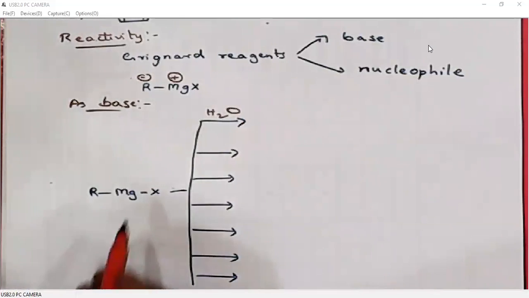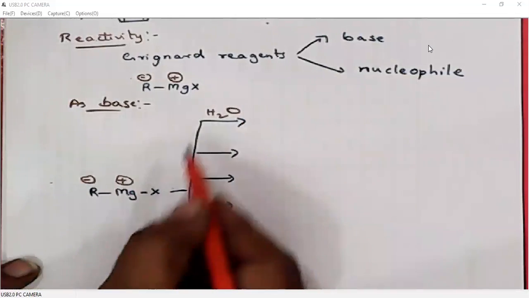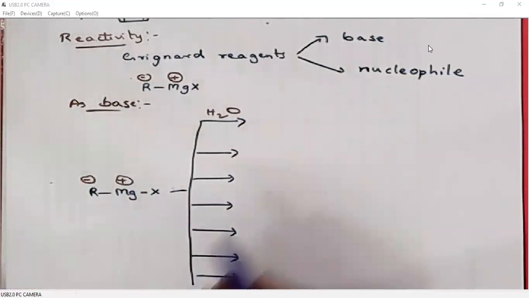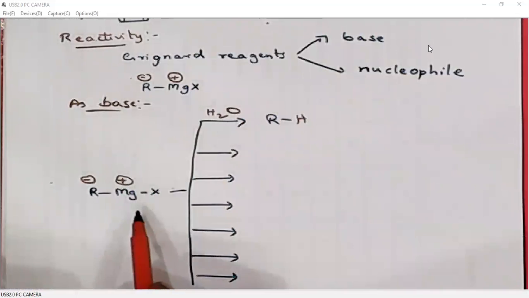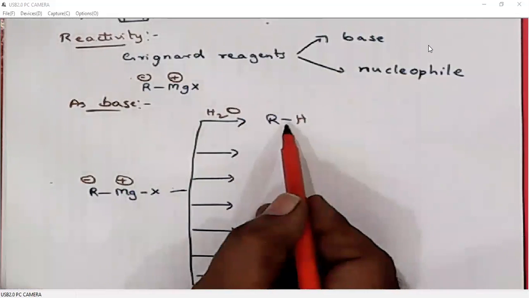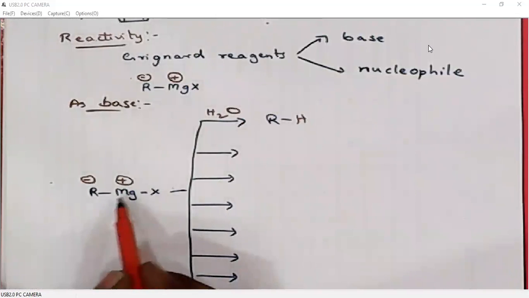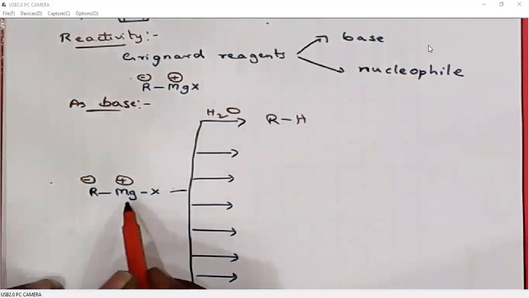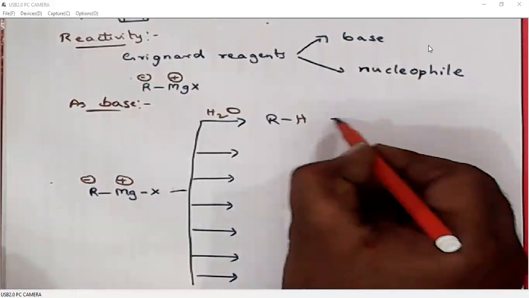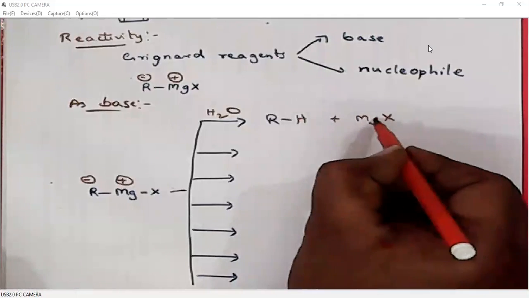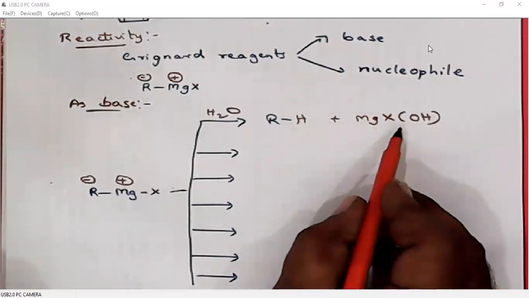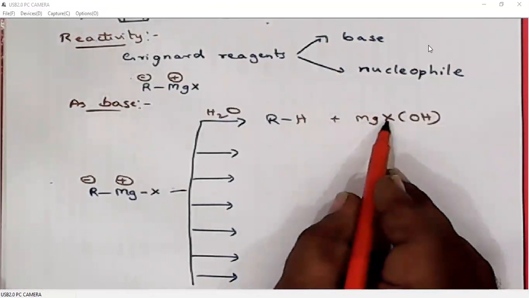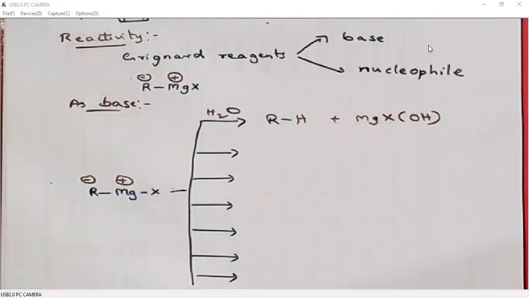So R minus will pick up a proton from water, so it becomes RH, alkane. So when we add water, Grignard reagents will pick up a proton from water, so they become alkane. That means the Grignard reagent will quench. And we also have MgXOH. Of course, this will further undergo hydrolysis. Another halogen will be leaving and it becomes magnesium hydroxide.